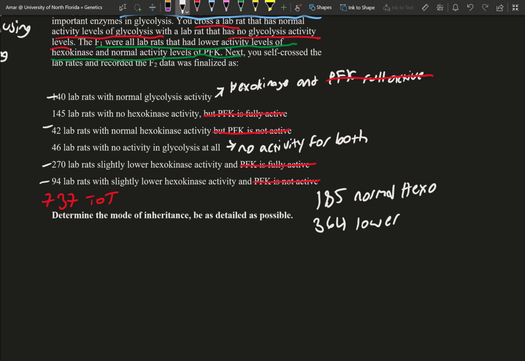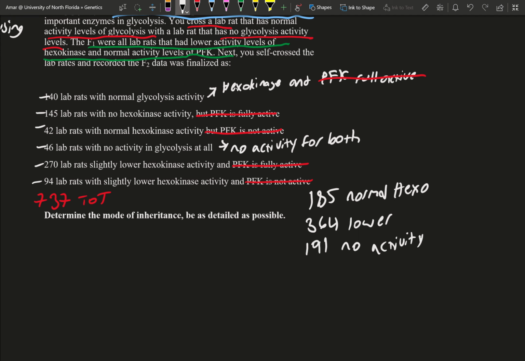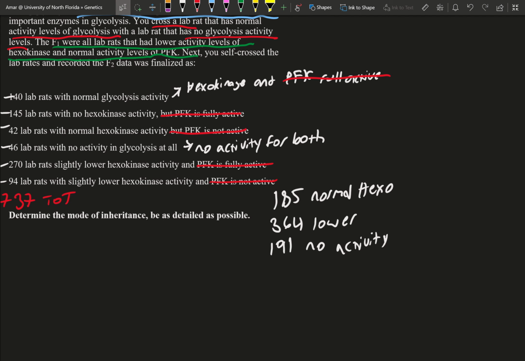We're going to call that lower. And then 145 plus 46, 191. No activity. Okay, does that kind of make sense?